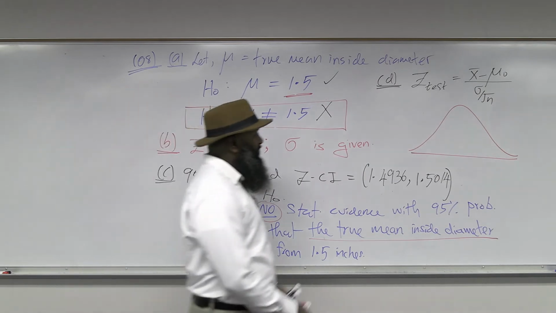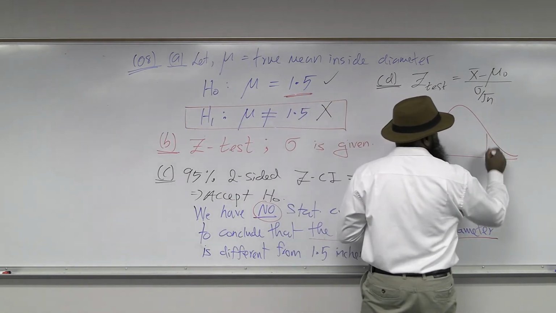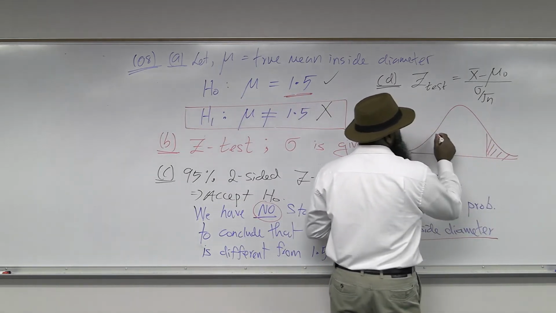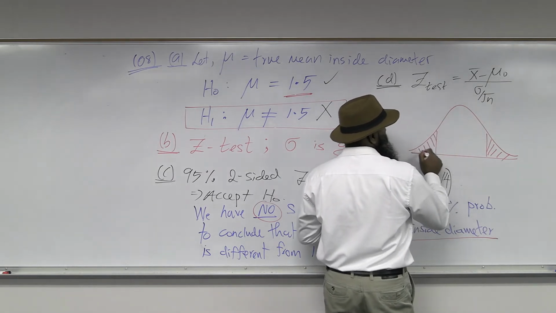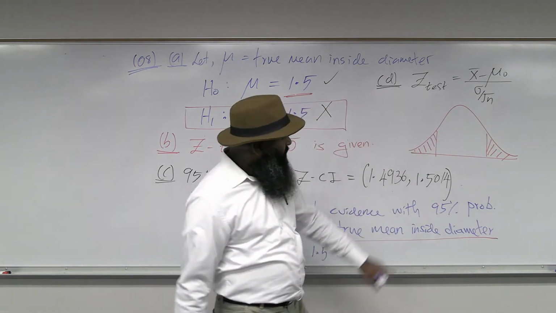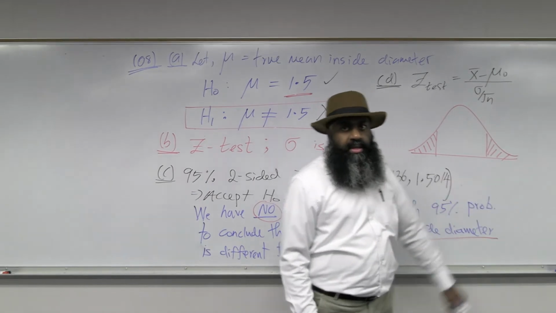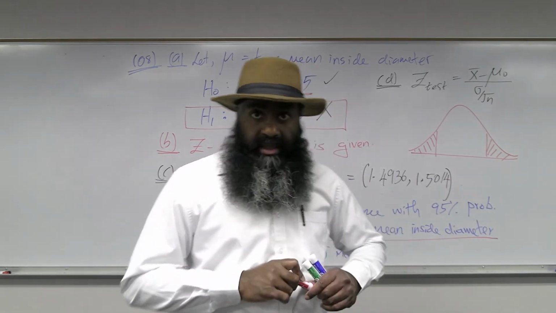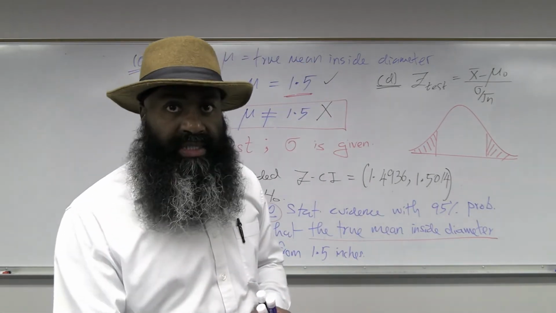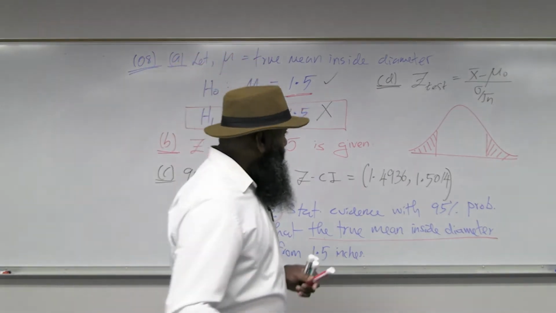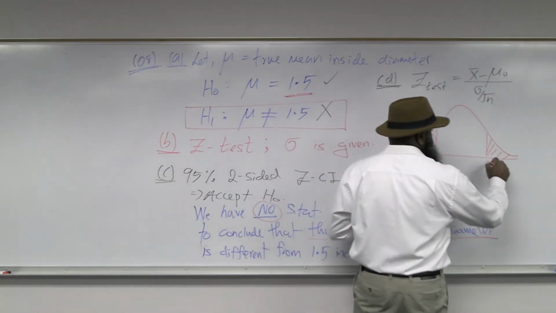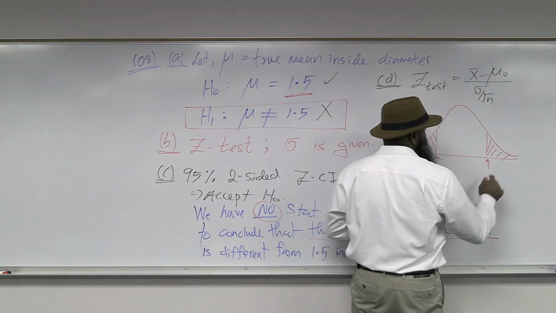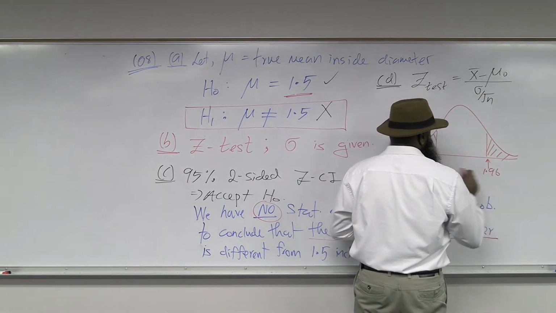Two-sided alternative means I should keep half of alpha on the right tail and the other half alpha on the left tail. And I have two critical values. We take alpha equals 5%, so half of alpha is 2.5%. And then these two values will be 1.96 and negative 1.96 respectively.